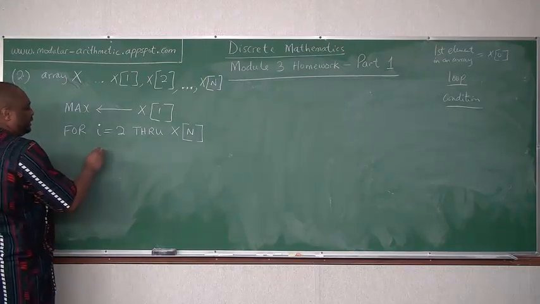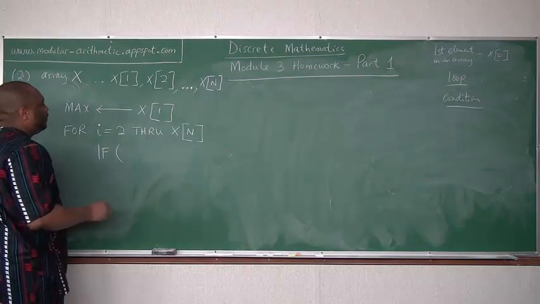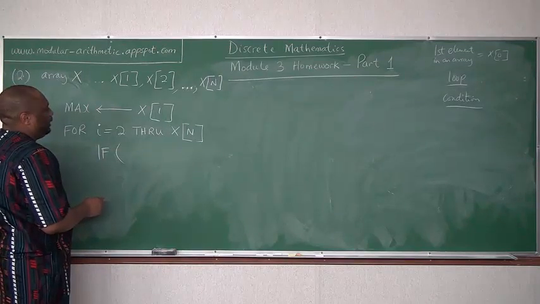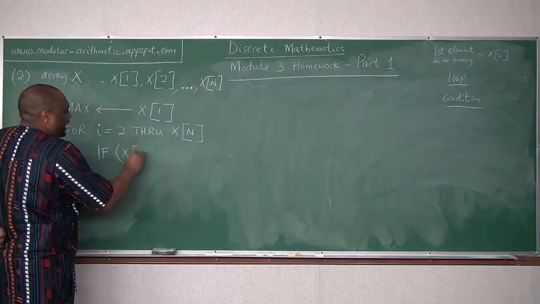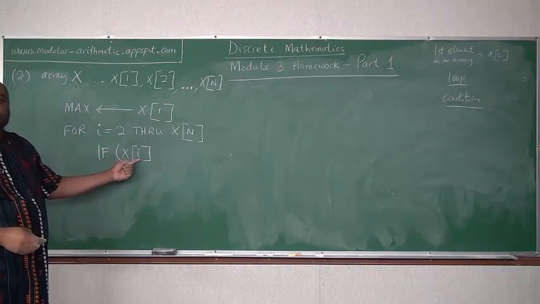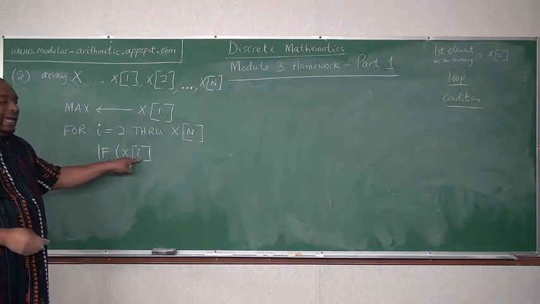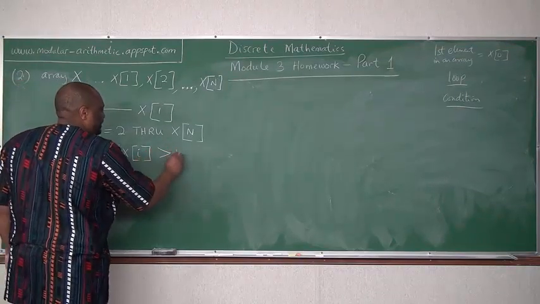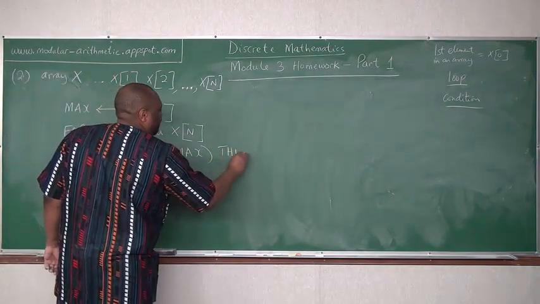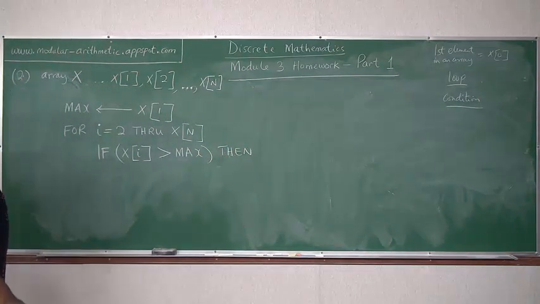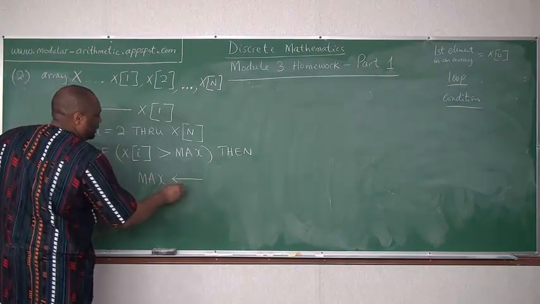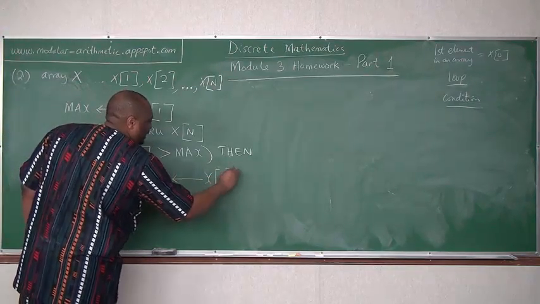Then we have a condition here. As we look, if we put a parenthesis, if x_i, okay, if the element in this i index is greater than the max, then set the max to be that element in the i index.